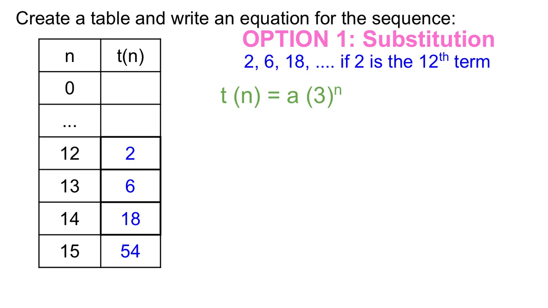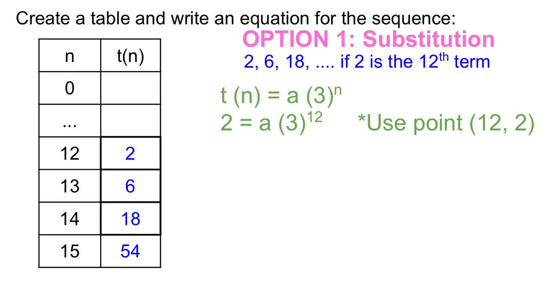And then from there, I'm going to choose a point from the table to substitute in. In this case, I'm just going to use the 12, 2 that I have here. And so I am using 12 as my n value, and then I'm using 2 as my t of n value. The next thing I would need to do is to calculate what 3 to the power of 12 is.